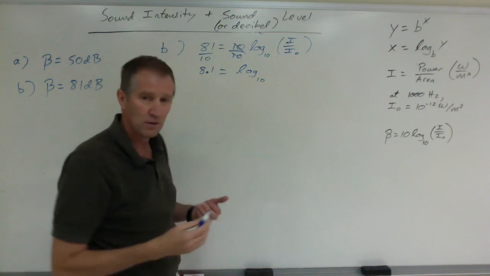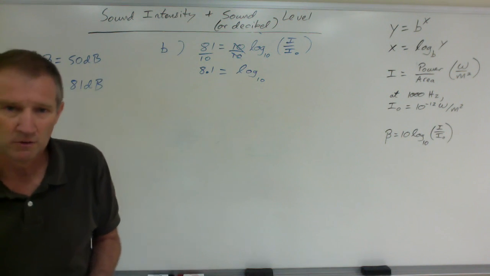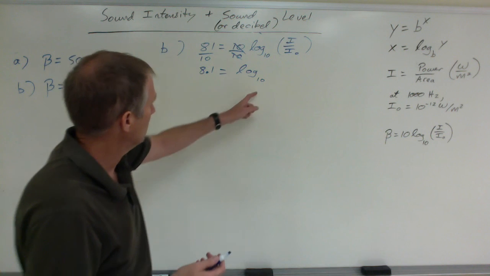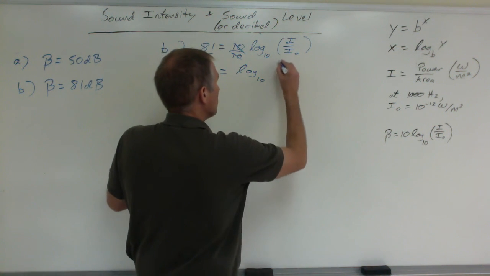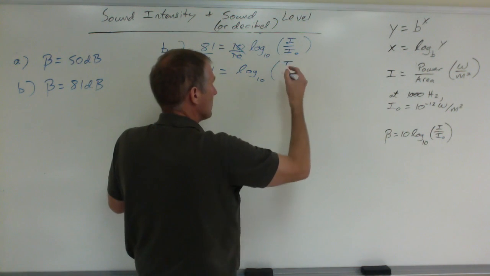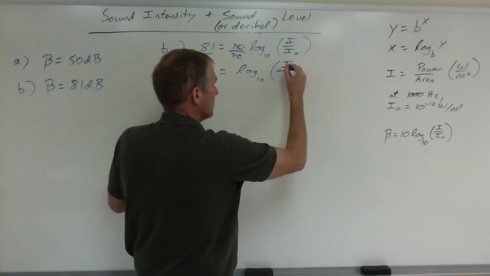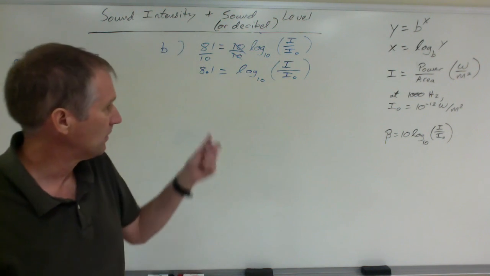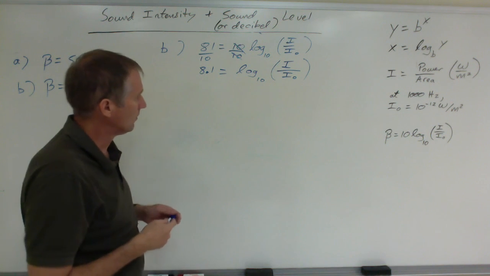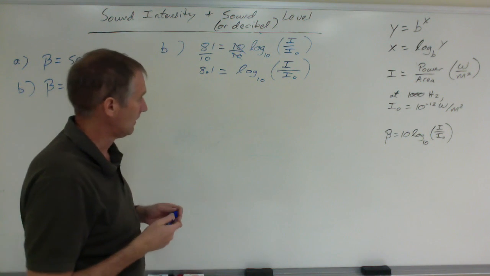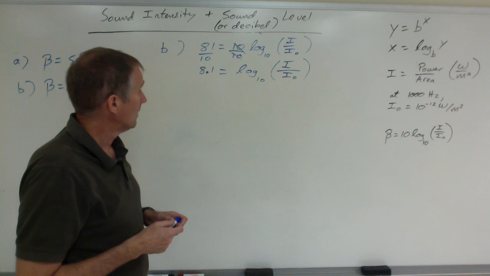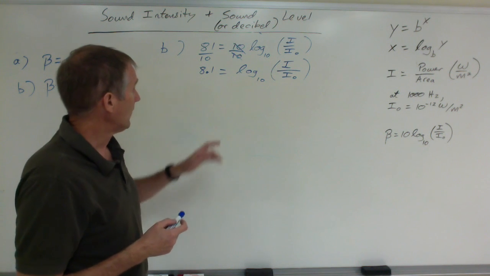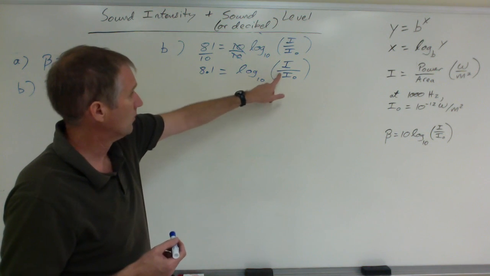And with logarithms or with decibel levels, we're always dealing with log to the base 10. It'll always be base 10. Of the stuff in parentheses here, I over I sub 0. All right, so this is your y value.